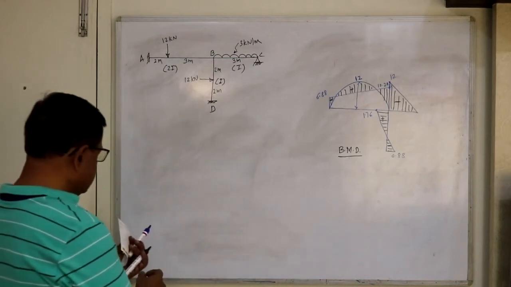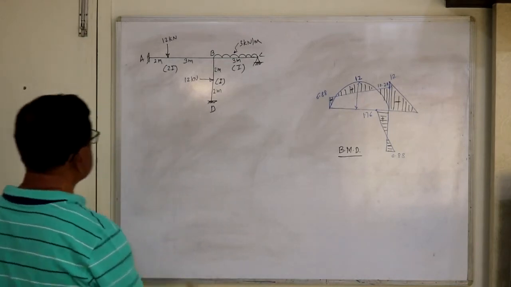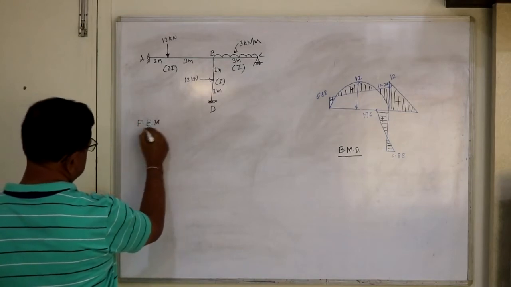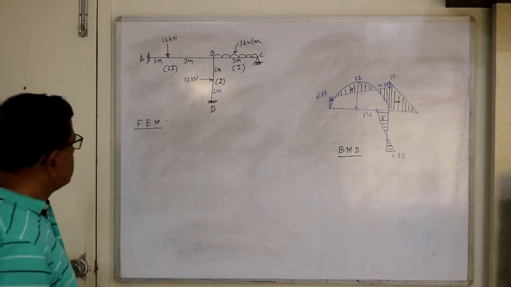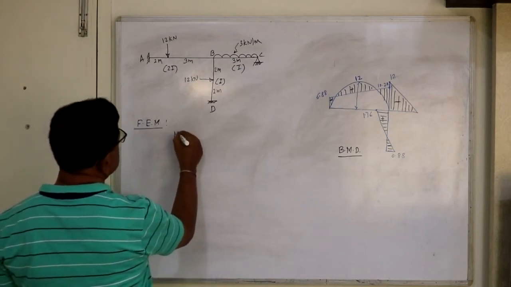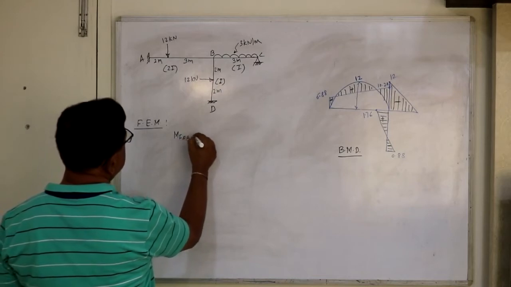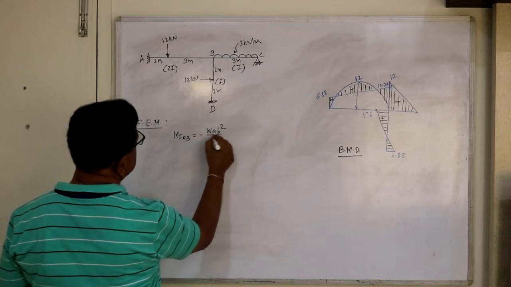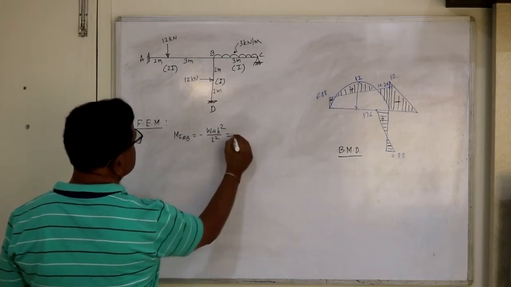Next, as usual, the first step is to calculate fixed end moments. So do it a little bit fast, because now you have sufficient practice for this. MFAB equal to minus Wab square by L square. You find out this.